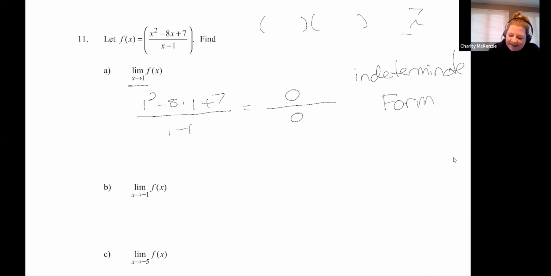Values that multiply to 7 are just 7 and 1. How can I get the -8? If they're both negative, they would multiply to positive 7, but they would add to -8. So this would factor into x minus 7 and x minus 1. Again, I'm sorry, it's a little bit of chicken scratch with my Apple Pen. That's over the x minus 1.